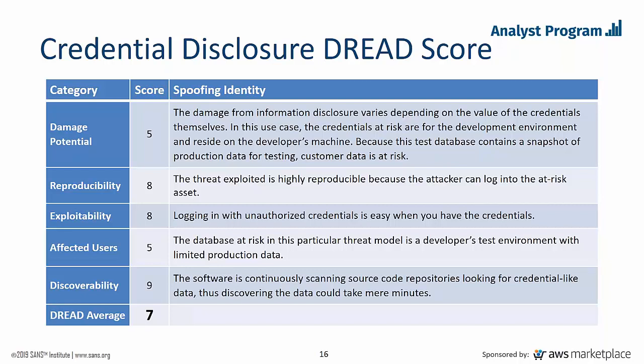Discoverability I put is high because there's services out there, code that people have written that just are scanning open source data and source controls and all kinds of stuff in source code looking for credentials to make use of. So there's scanning software out there. Let's assume that if I check in my connection file into an open repo, it'll get identified and noticed. All right, so I have a DREAD score of 7.